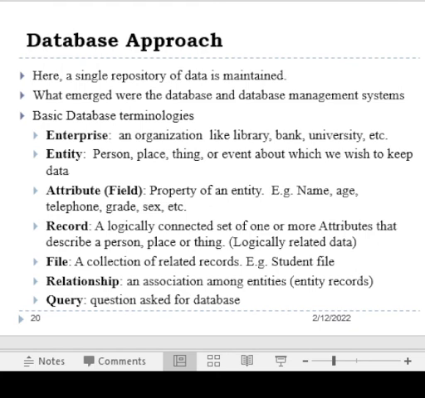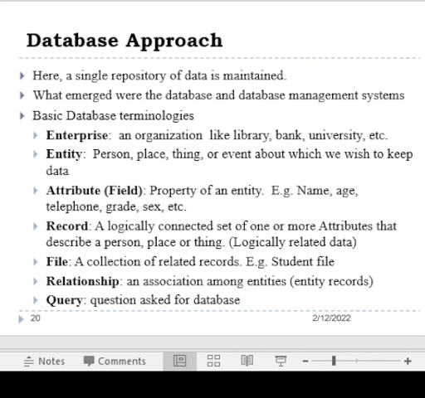The database approach also allows multiple users. In a file-based system, we cannot access the same data at the same time, but in the database approach we can access the same data at the same time. In the database approach, there is common terminology. The first one is enterprise.